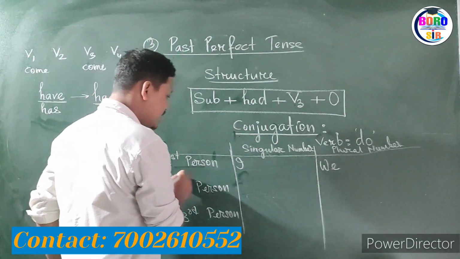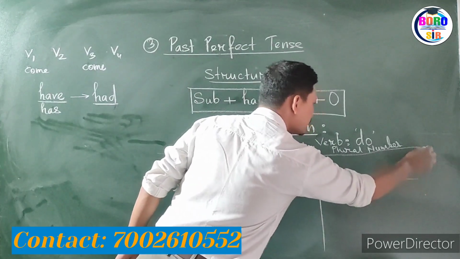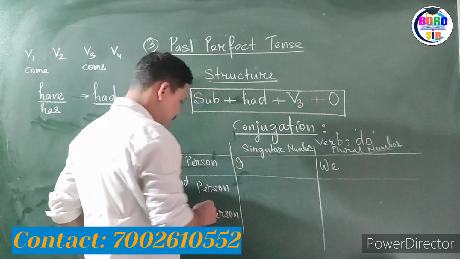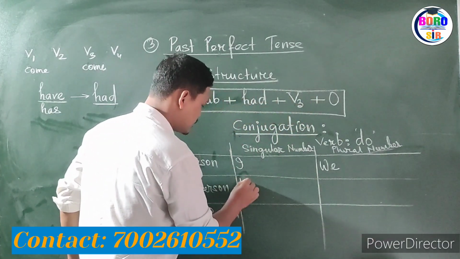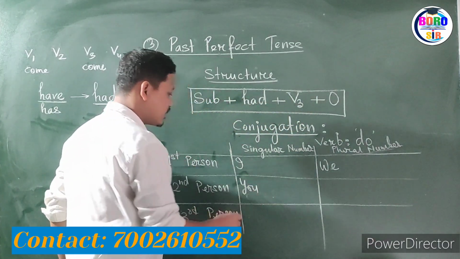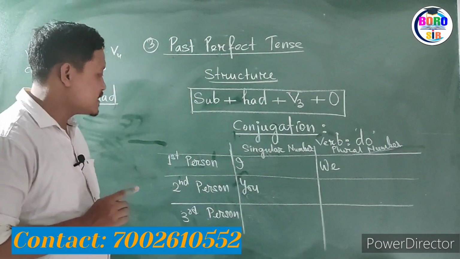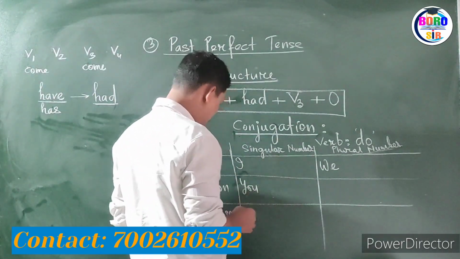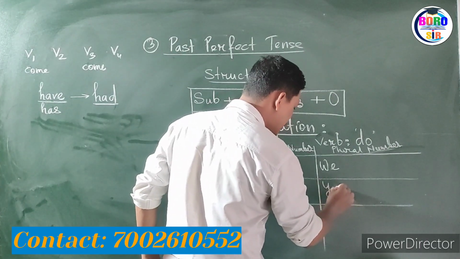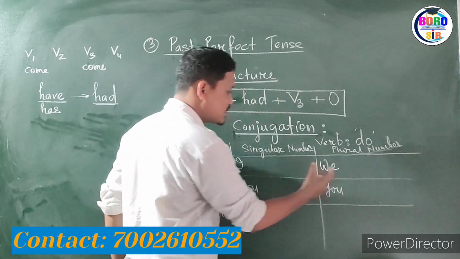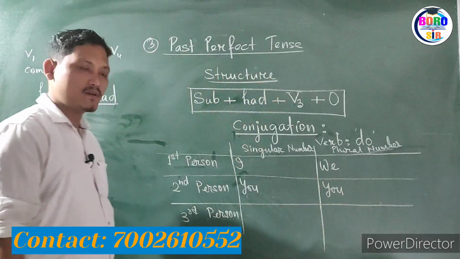What about the second person here? What is the subject in second person? It is you. Here you means only one person. And what will be the plural of second person? It is the same, you. Here also you.